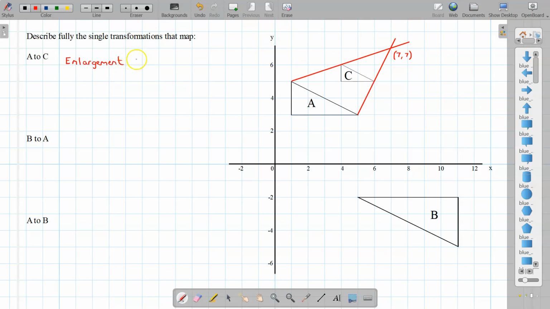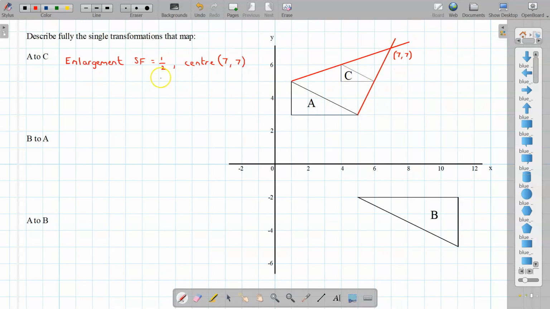So this is an enlargement, scale factor a half, or 0.5, and the center of enlargement is the point 7, 7. It's an unusual use of the word center, because the center has got nothing to do with being in the middle of the shape, but it's this kind of vanishing point where these ray lines converge.